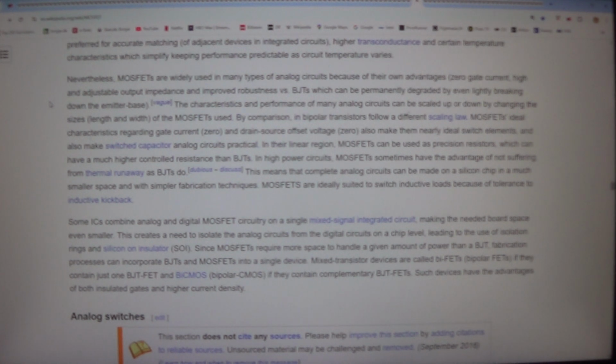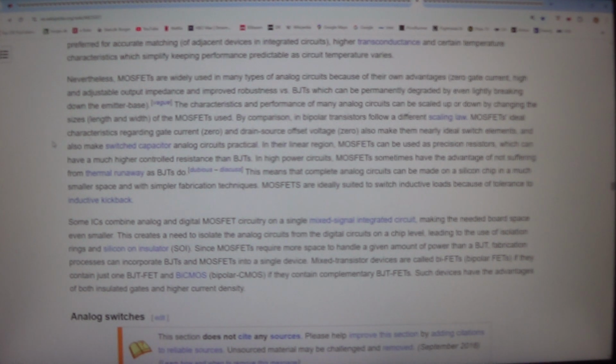Nevertheless, MOSFETs are widely used in many types of analog circuits because of their own advantages: zero gate current, high and adjustable output impedance, and improved robustness versus BJTs, which can be permanently degraded by even lightly breaking down the emitter base. The characteristics and performance of many analog circuits can be scaled up or down by changing the sizes, length and width of the MOSFETs used. By comparison, bipolar transistors follow a different scaling law.